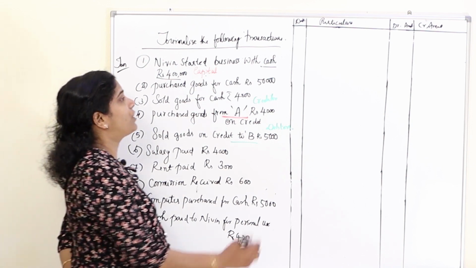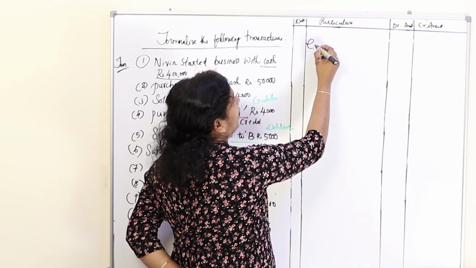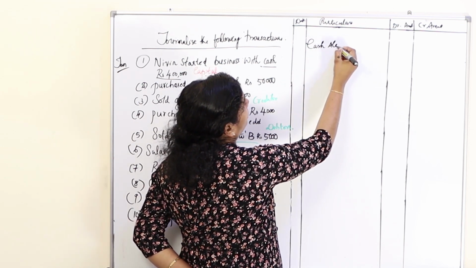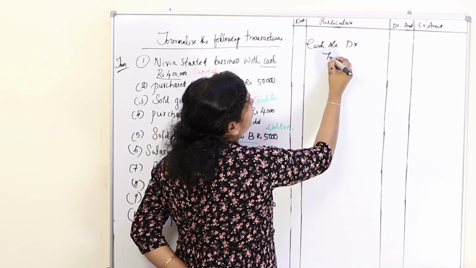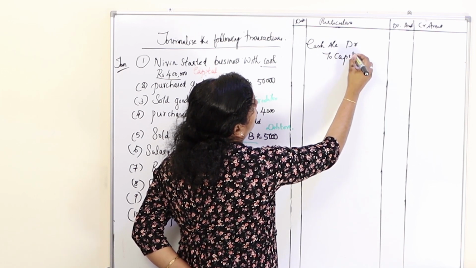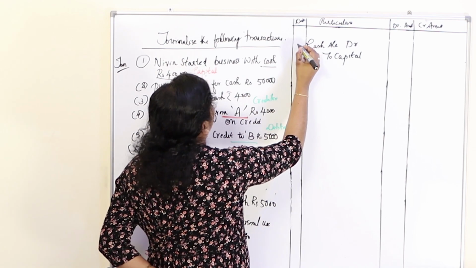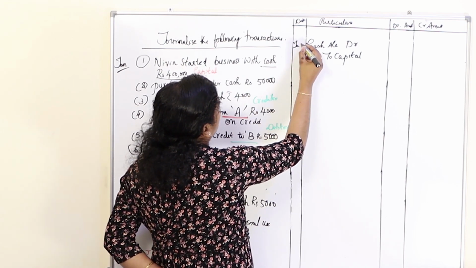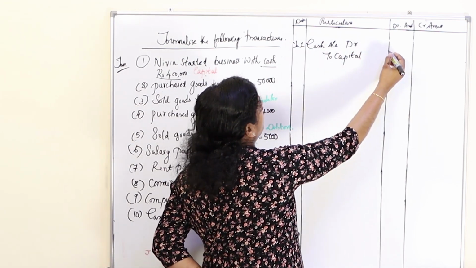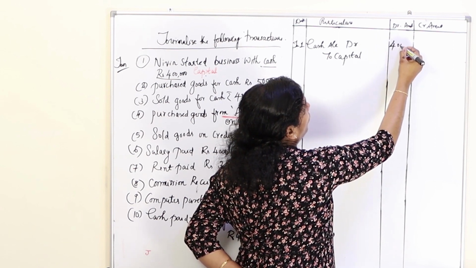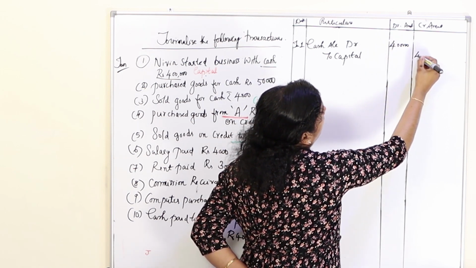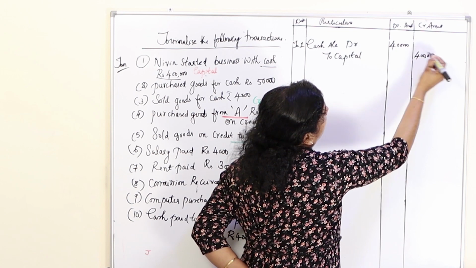So I'll write the first journal entry: cash account debit to capital. This is the owner's investment, and we have to write the date and all. Jan 1, cash is coming inside the business, 4 lakh, so in the debit column we write 4 lakh, and here also we write 4 lakh.